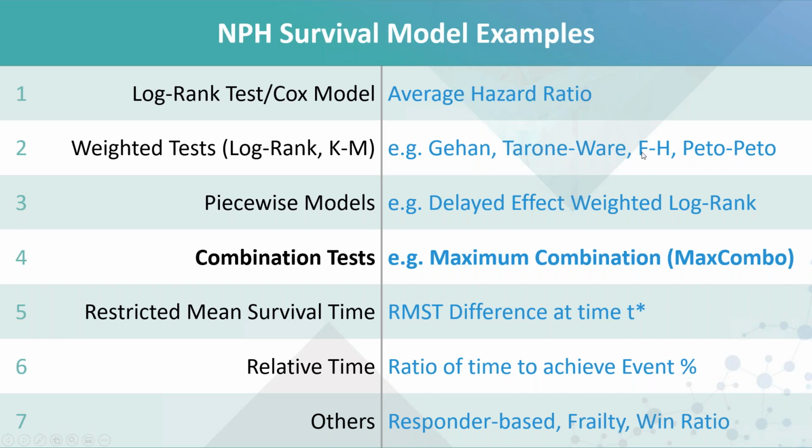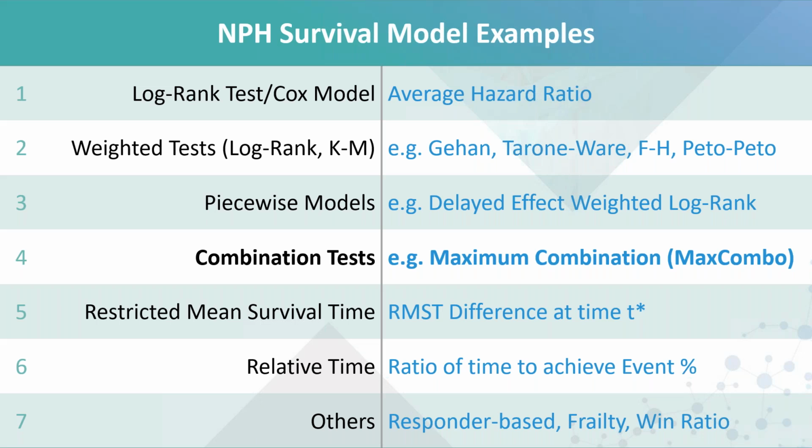For the Fleming-Harrington method in particular, it's quite important to note it here, since this is the one we'll be using in our maximum combination test later within the example. I won't mention any of the other ones. In addition, multiple piecewise models exist, like the delayed effect weighted log rank test, which is great if the survival curves can be split up into separate chunks, which individually satisfy the proportional hazards assumption.